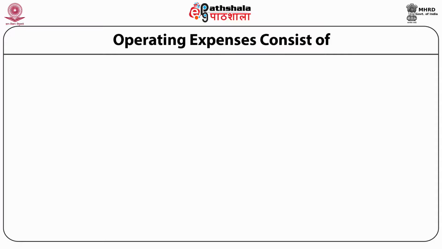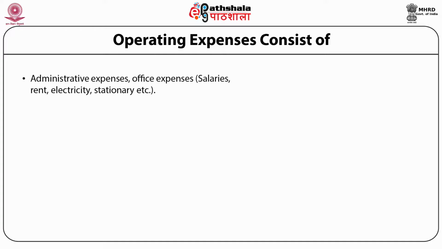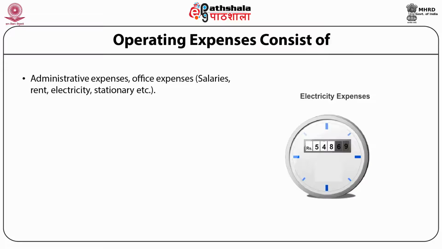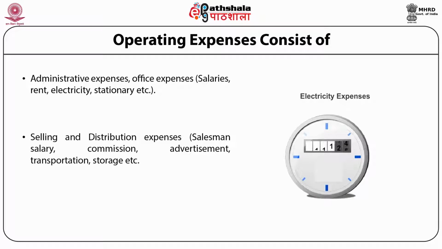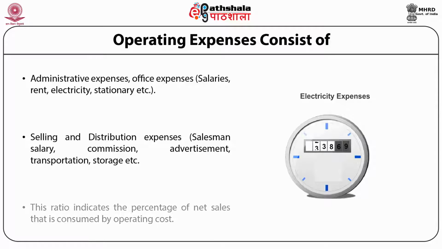Operating expenses consist of administrative expenses, office expenses such as salaries, rent, electricity, stationery, etc., and selling and distribution expenses such as salesman salary, commission, advertisement, transportation, storage, etc. This ratio indicates the percentage of net sales that is consumed by operating cost.